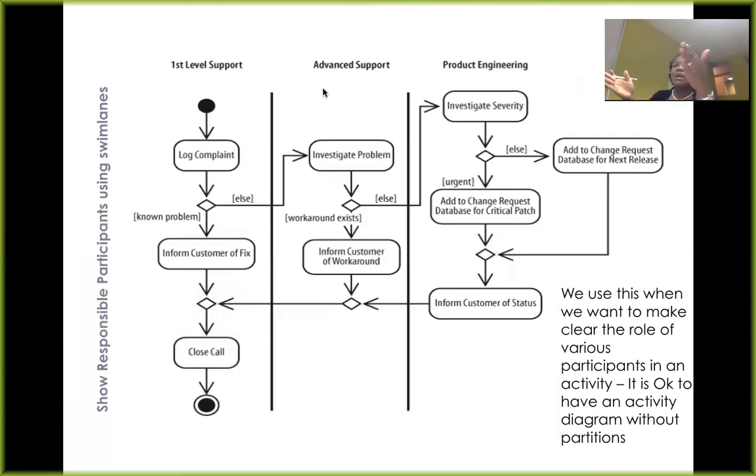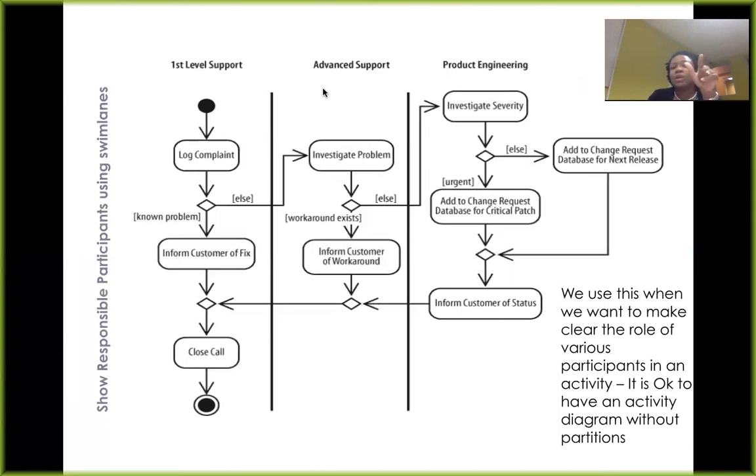At the end of the day, you use the merge to show that independent of which path you take, there's a particular point where you merge. It just means that any one of those paths will finally lead to a certain sequence of events afterwards, right? So that's what it means.